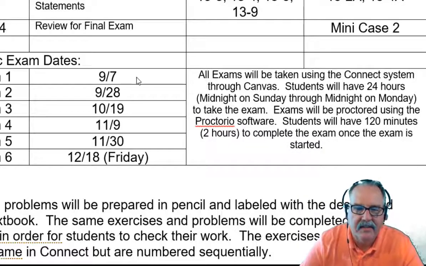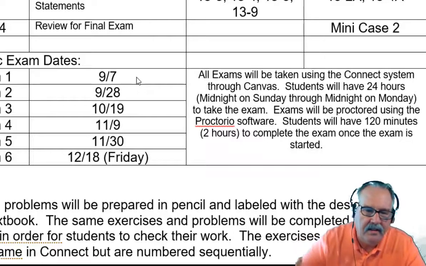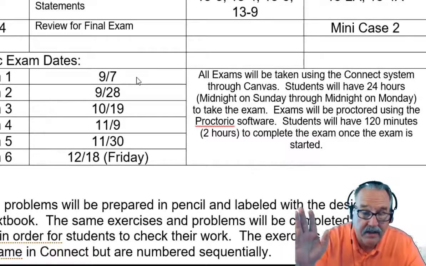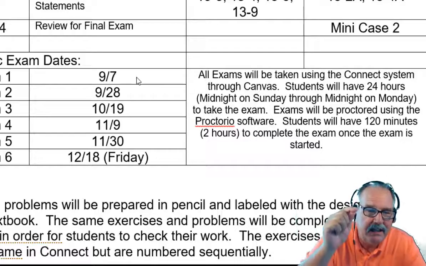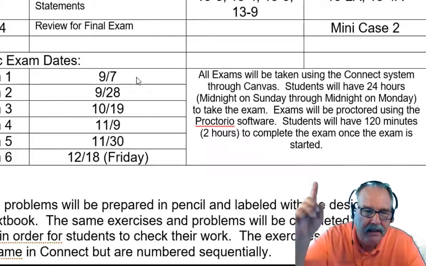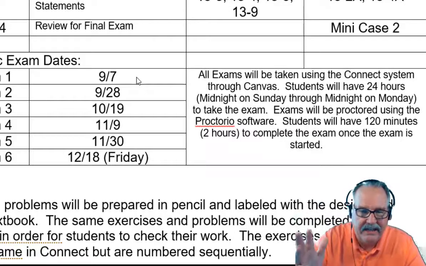I realize this is Labor Day. If that creates a problem, please let me know and I can accommodate other options. But just to keep this in the right sync and the right way. But now, it is Labor Day, but you can do the exam anytime between midnight on Sunday night and midnight on Monday night. So you have 24 hours to take the exam.